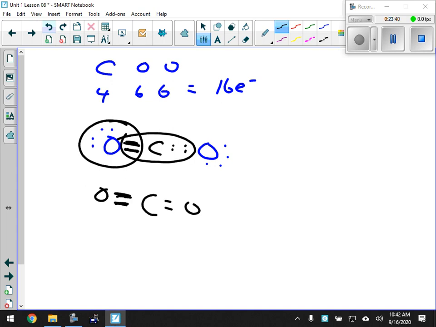But you have to remember that we're drawing this in 2 dimensions. It's not really like that. Electrons are going around and around. They pair up and try to repel each other. It's something called VSEPR, which we're going to talk about later in this unit, and basically it stands for valence shell electron pair repulsion. So when they pair up, they tend to push each other away.